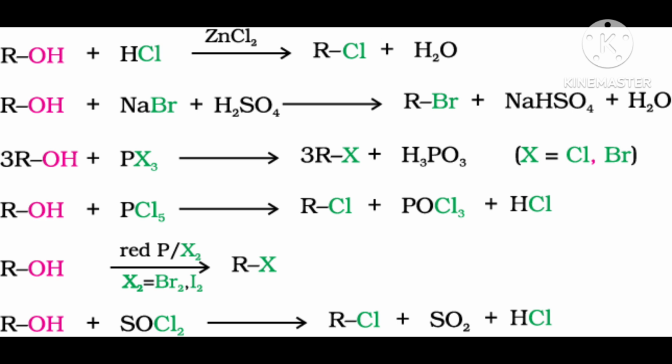In the place of that H, Na plus from sodium bromide came. One H was used up in forming the water, OH plus H. To compensate that one H, which had 1 plus, Na plus from NaBr came and it forms sodium bisulfate, NaHSO4.